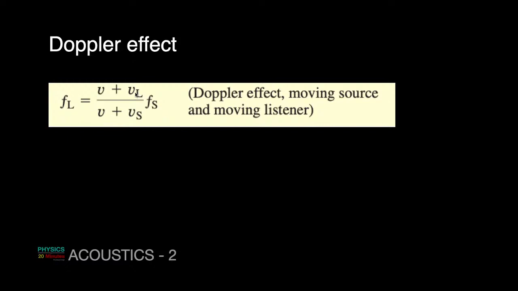It's like a car making a siren going ahead, and you are in another car as a listener chasing the first car, something like that. If the reverse happens, then these signs will reverse. So if the source starts moving towards the observer, then this will become minus. And if the listener starts going away from the source, then this will become minus. So do remember.